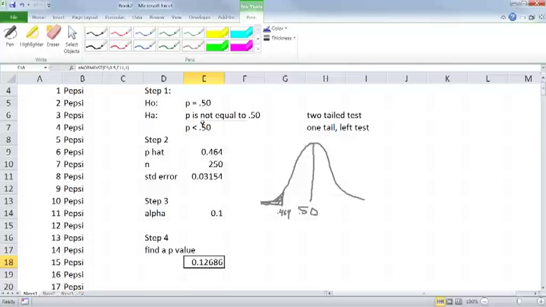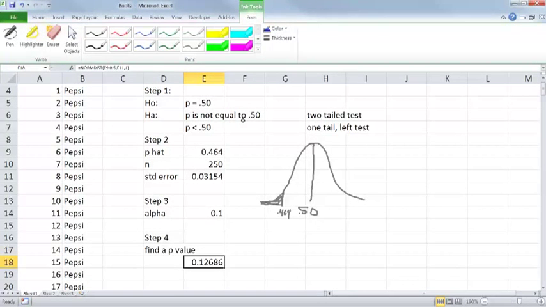So that's a left tail test. Now, if I wanted a two-tailed test, then let's go back to my picture. What I'm interested in knowing is whether it's on the left tail or the right tail. Either one doesn't matter. But it turns out that I end up multiplying this by 2.